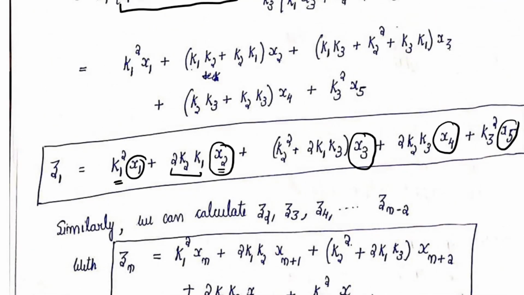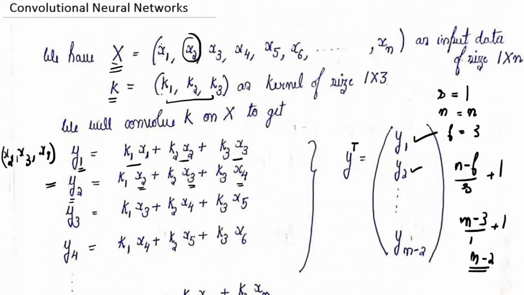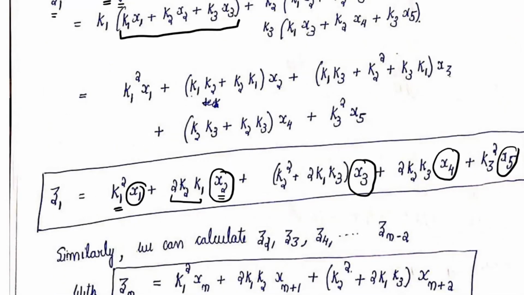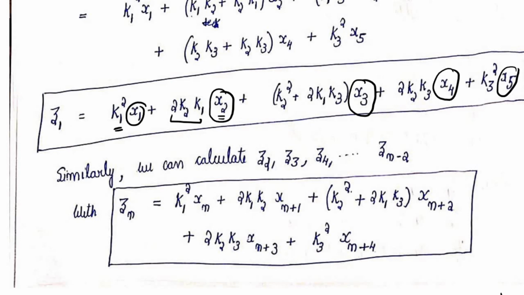Just to reiterate what we did over here, we spoke about an input vector of size 1 cross n. We have a kernel of size 1 cross 3, and using the same formula we used in the last two videos, we were able to get the size of the output, which is y. We apply a convolution operation again and get the first element of z.